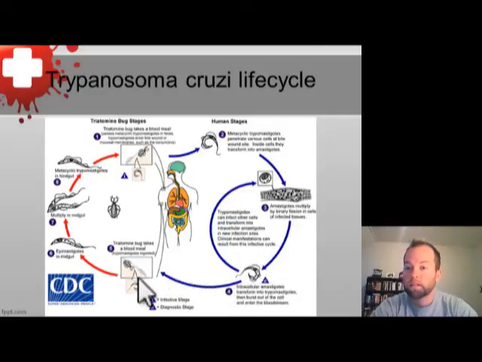Also, the reduviid bug can come along and take a blood meal from an infected human where it was not previously infected and ingest the trypomastigote phase of the parasite.